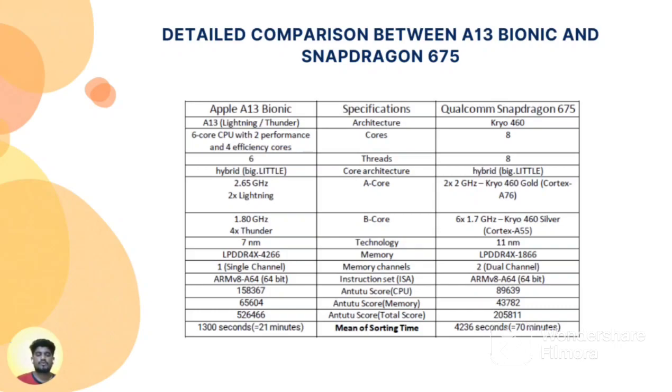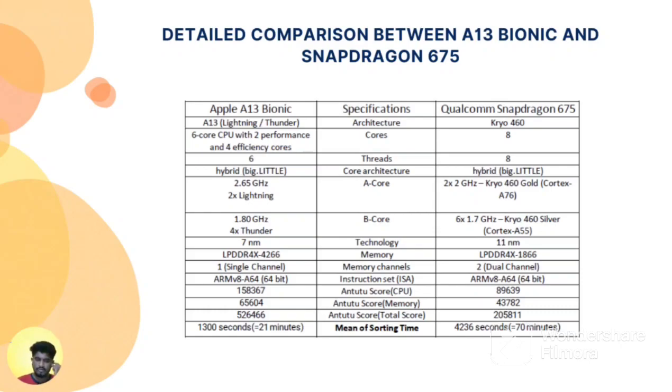And here we have eight cores, where two are performance cores and the remaining six are efficient cores. The speed of performance cores is 2.65 gigahertz, and here it is just 2 gigahertz. Here we have 1.8 gigahertz efficient core speed, and in Snapdragon 675 we have 1.7 gigahertz of efficient core speed.